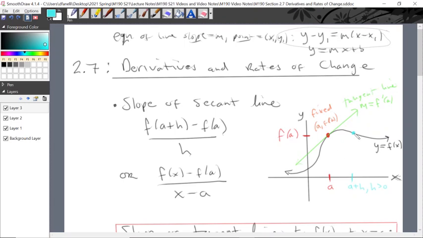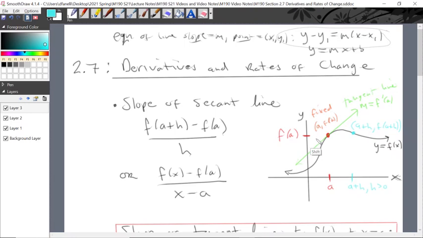So here the input variable's value is a plus h. What is the output going to equal? It's going to be f of a plus h. So this point then has the coordinates a plus h, comma, f of a plus h. Okay?